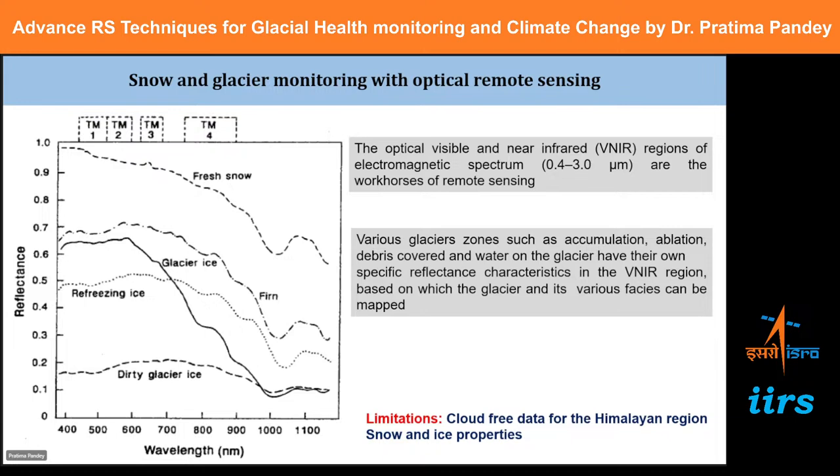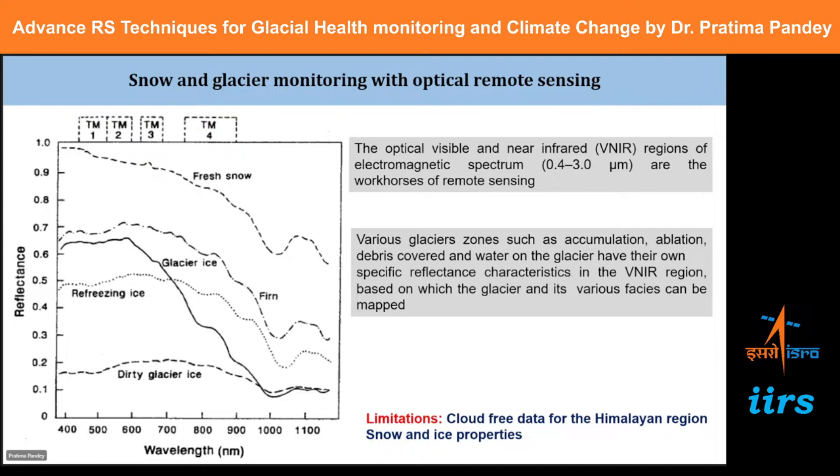Optical remote sensing is where we get images in the visible region like a photograph. Optical remote sensing is said to be the workhorse for glacier related study, because here the glaciers can be studied very accurately through visual interpretation.